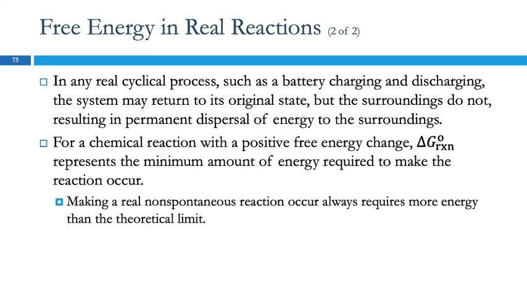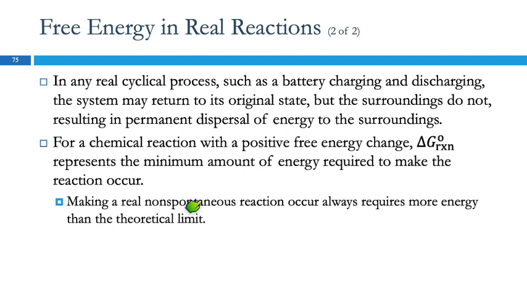So if we have a positive free energy change, that means that that reaction is not spontaneous. That doesn't mean it can't happen, but it means that we'll have to use energy to make it happen.